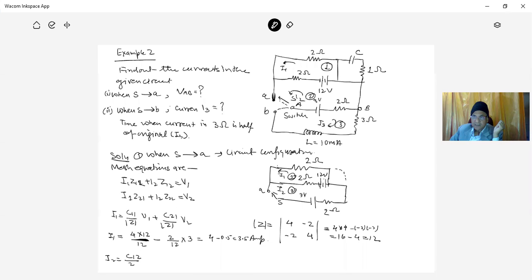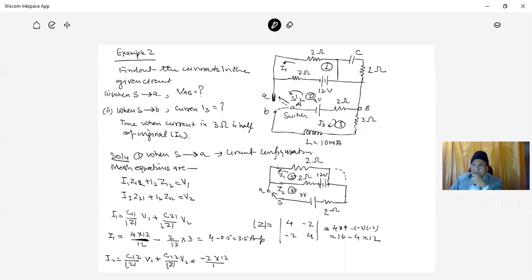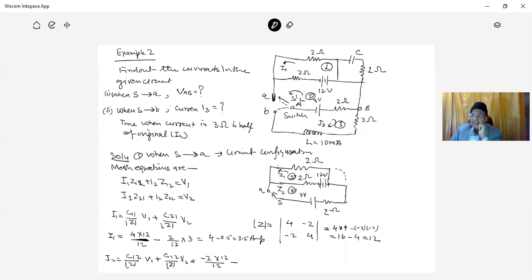C12 upon Z V1 plus C22 upon Z V2. So C12, this value, is minus 2 into V1. V1 is 12, 12 upon 12, minus, C22 is 4, 4 by 12 into 3.